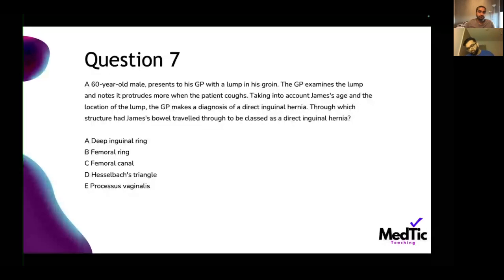So again, another tricky one with inguinal hernias, but again, another common question and another test of anatomy. So another 10 seconds.